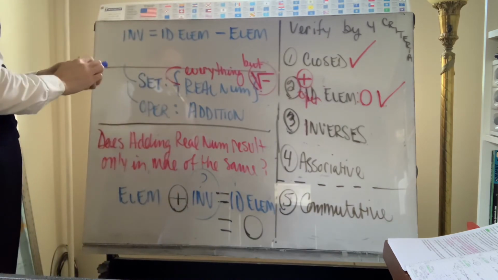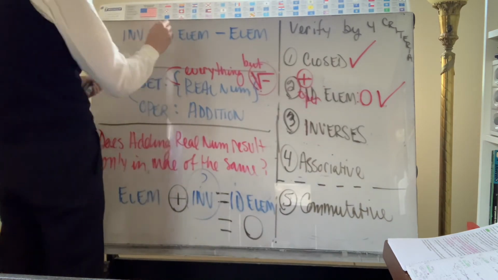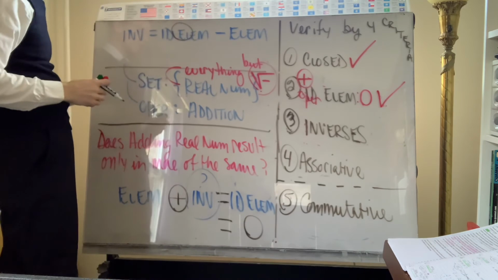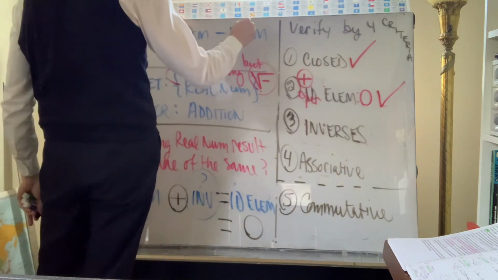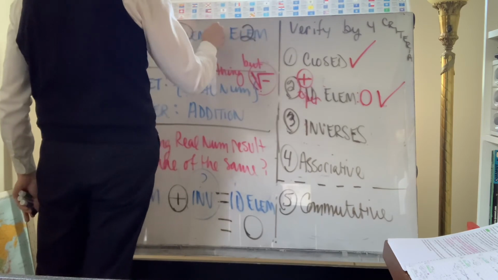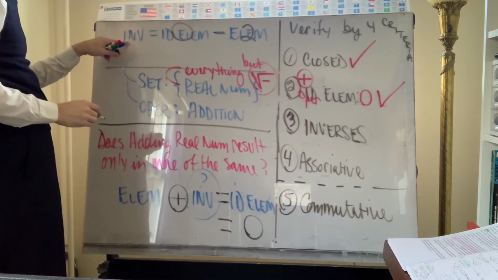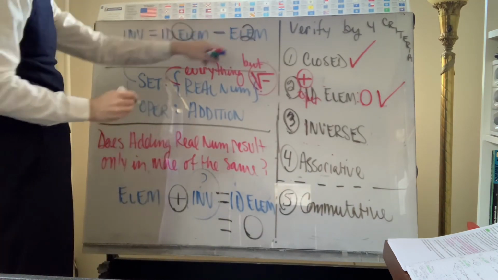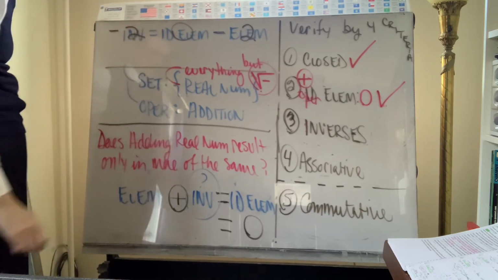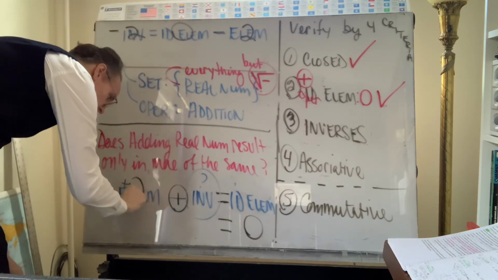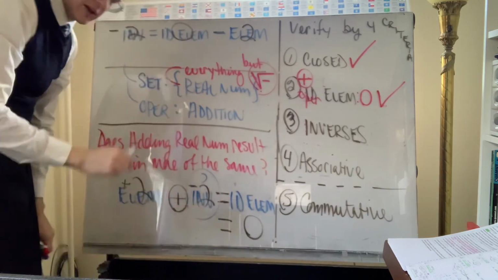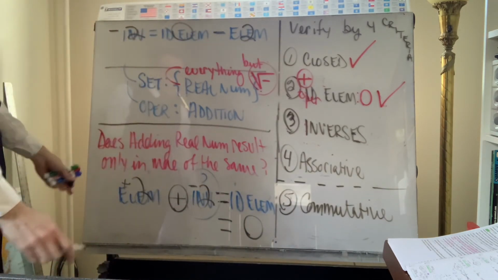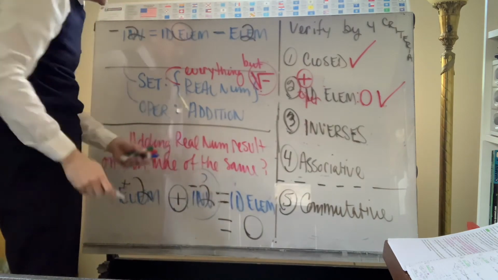So if the identity element is 0 and you have the element, say something like 2, that would have to be the inverse, the outcome of this. 0 minus 2 would be negative 2. Positive 2 plus negative 2 would produce a 0.